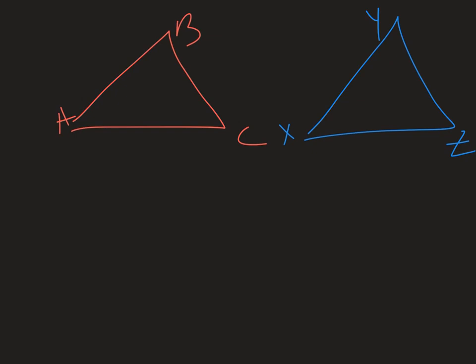Now let's talk about what happens if two triangles are congruent. If two triangles are congruent, that means they have to have the same sides and the same angles, meaning those are congruent. I have to be careful here because we are not necessarily saying all the sides are congruent to each other, but we're talking about pairs of sides. For instance, let's say AB is congruent to XY. These two sides are what we would call corresponding.